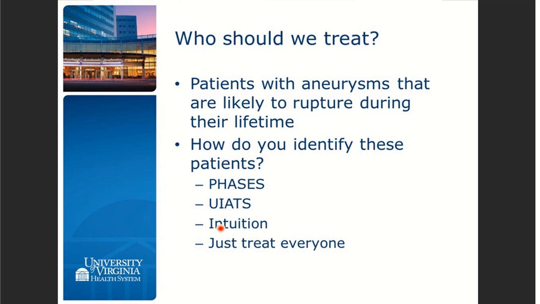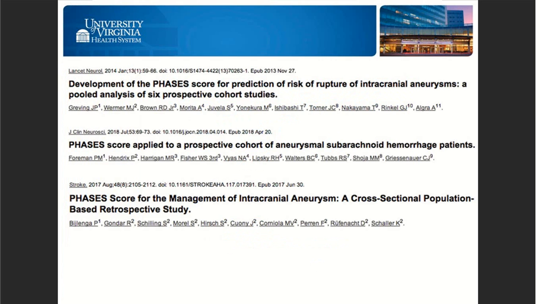Intuition, I think a lot of us still rely on that. I know I do. I don't routinely use PHASES or UIATS either in terms of making the final determination as to how to proceed with treatment. And of course, there's the treat-everyone philosophy as well.